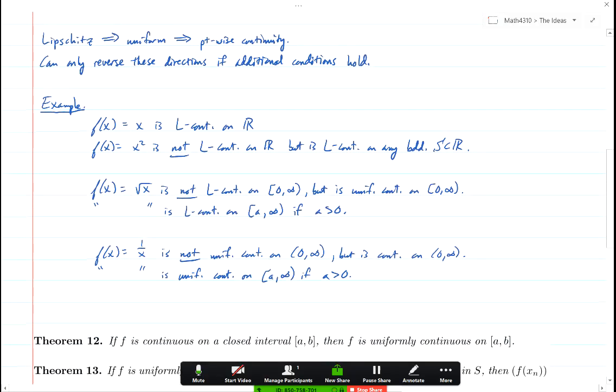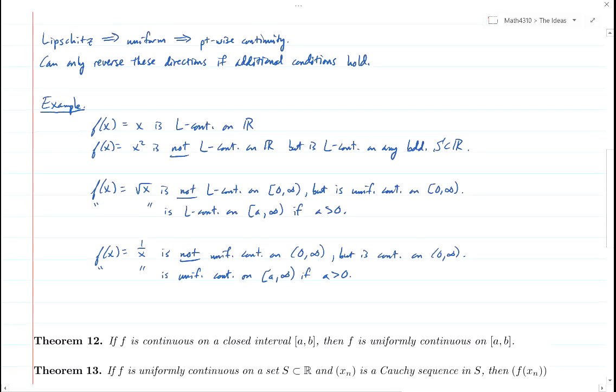But f(x) equals x squared is not Lipschitz continuous on R. Conceptually, you could see this by asking what's the derivative of a function like x squared? It's 2x. Well, that goes to infinity. That derivative is not bounded on R. But it is bounded on any bounded subset of the reals. So if I was just considering f(x) equals x squared on, let's say, the interval 0 to 1, or even 0 to a million, I could find a Lipschitz constant.